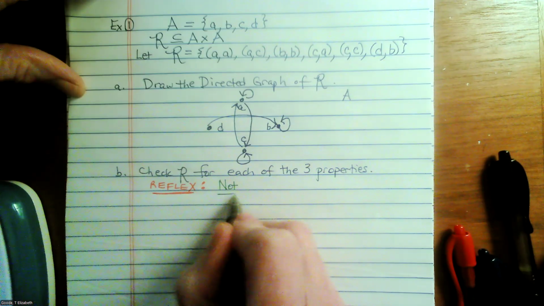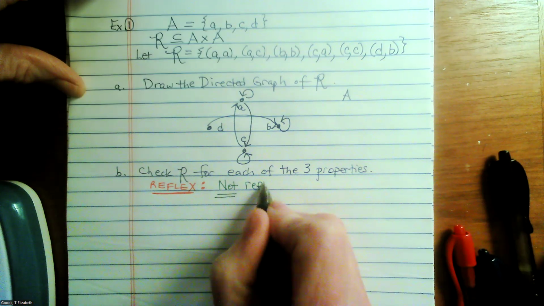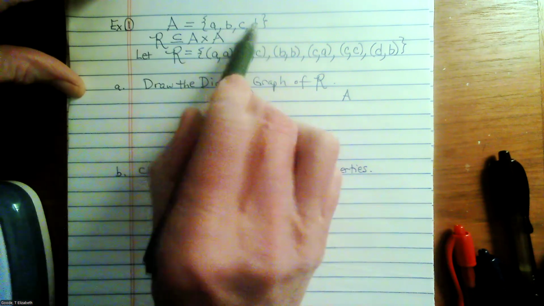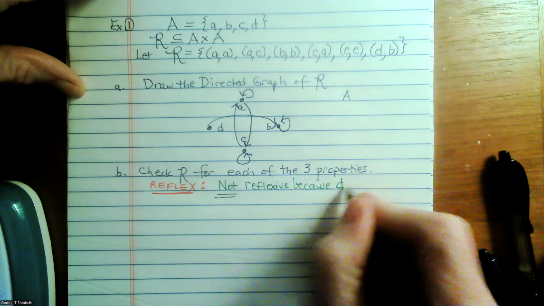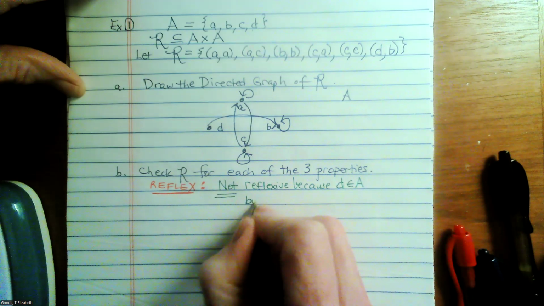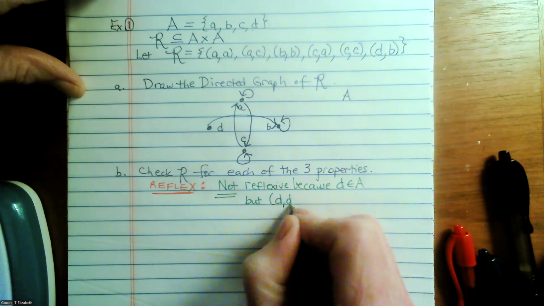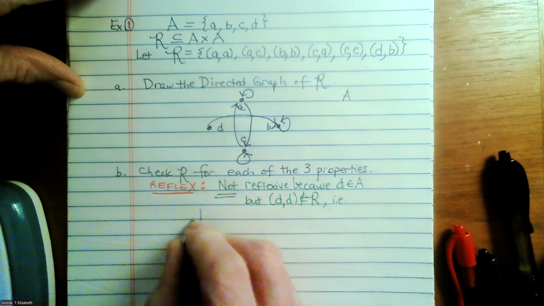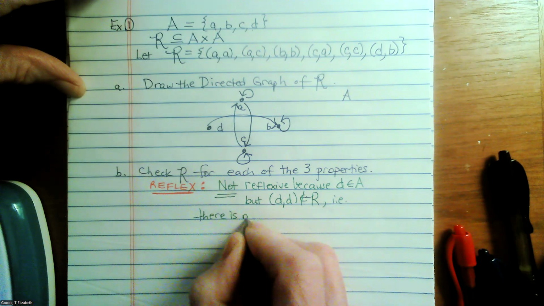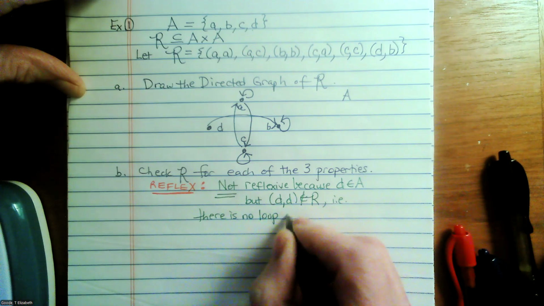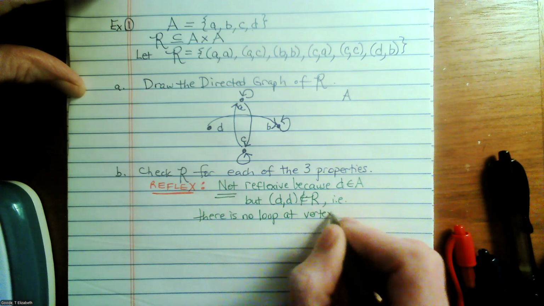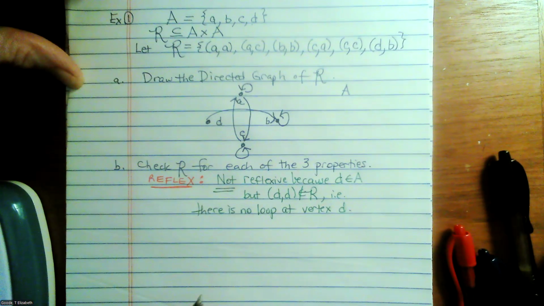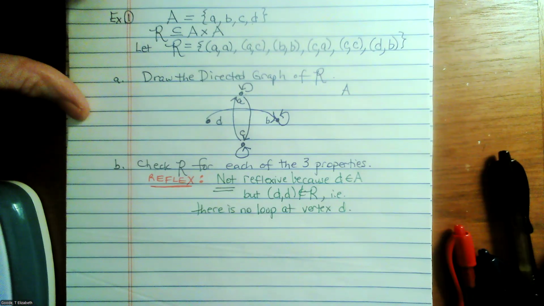It's not reflexive because little d is an element of A, but the ordered pair D comma D is not in curly R, i.e., there is no loop at vertex D, is there? So it fails. Even though we've got three of the loops, that's not enough. We would have to have all four of the loops, so it's not reflexive.